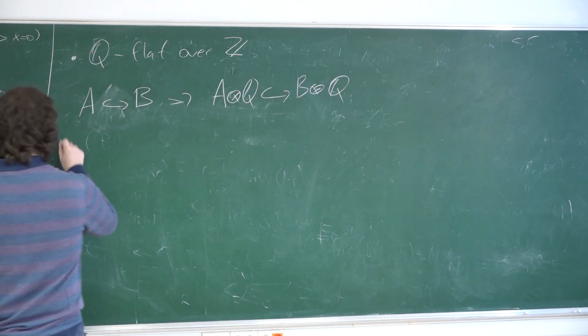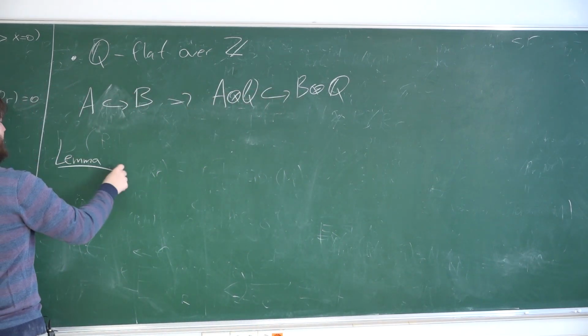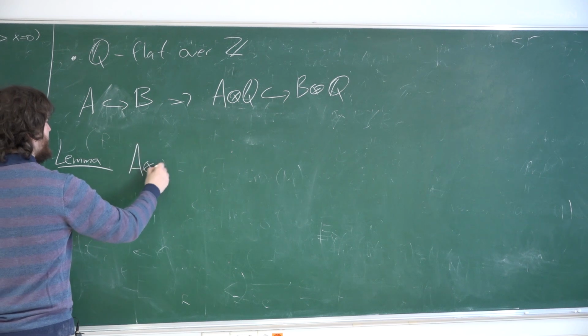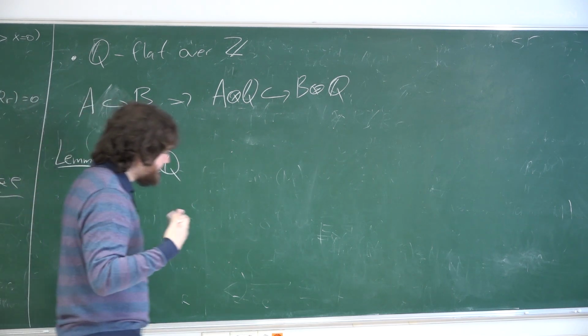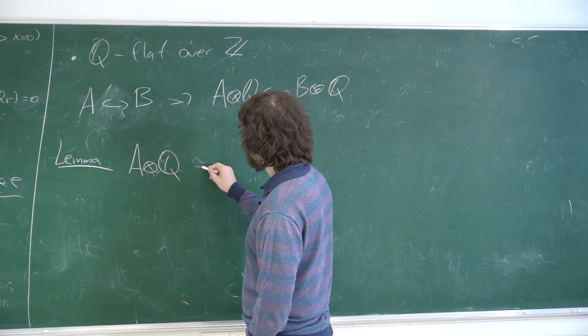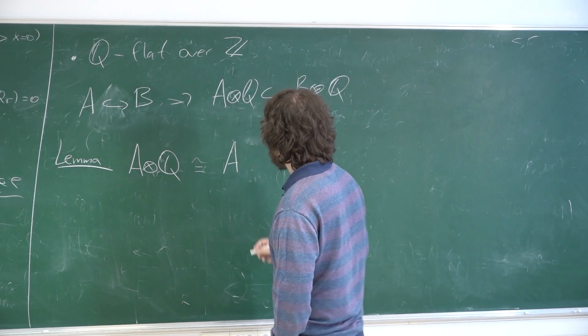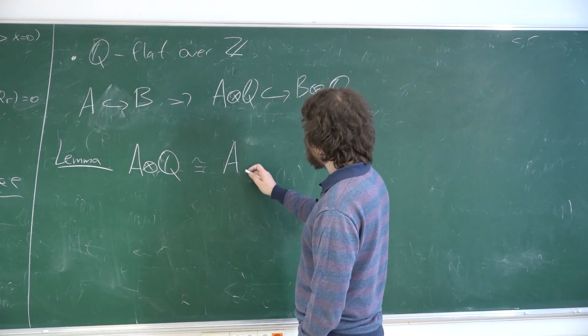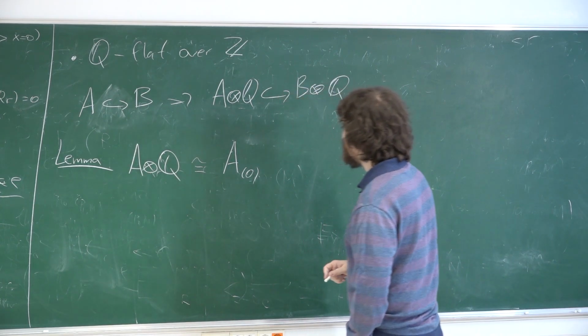The first lemma: tensor product with Q is the so-called localization or rationalization of an abelian group. It's isomorphic to the so-called A localized at 0. Sometimes it's denoted by this.